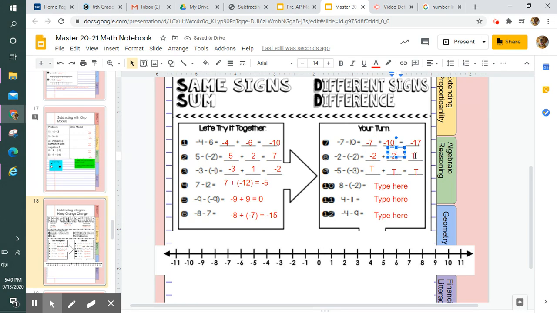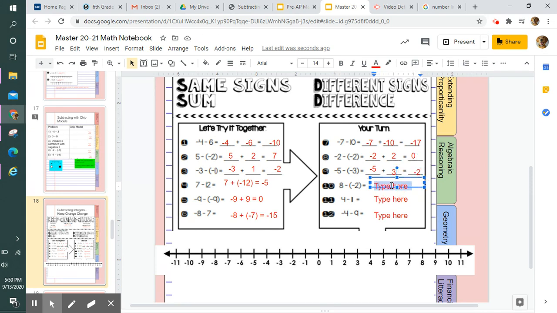So now we have negative 2 plus positive 2, which is 0. Number 9, we're going to keep negative 5, change to addition, change negative 3 to positive 3. So negative 5 plus 3 gives us negative 2 as our answer.